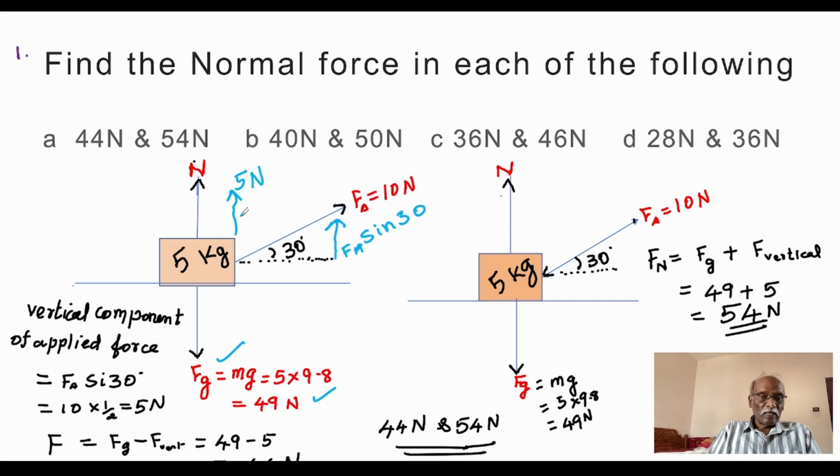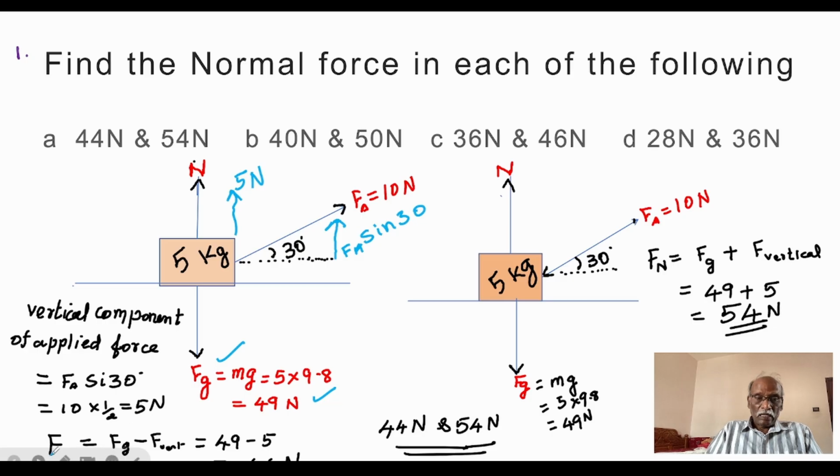Is that okay? Now you are asked to find the normal force. So now you connect all these forces. One force is acting downward, two forces are acting upward, and one among them is normal. So Fg is balanced by the normal as well as the vertical component of the applied force, 5 Newton.